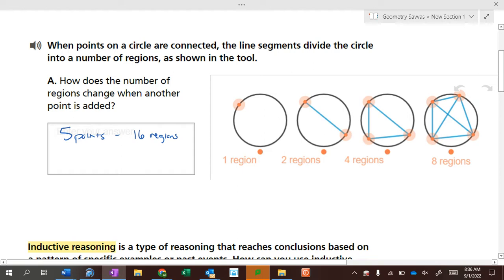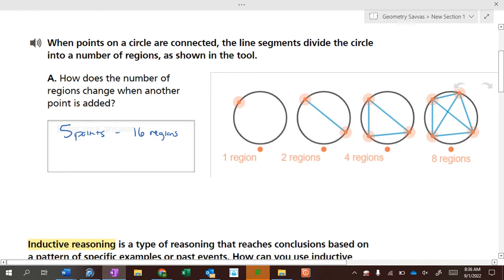Braden. Well, in one region there was 1, and then you added 1 to get 2 regions, and then from 2 to 4 regions you added 2, from 4 to 8 you added 4. Okay, so they have 2 different methods of doing it. You did what each time?